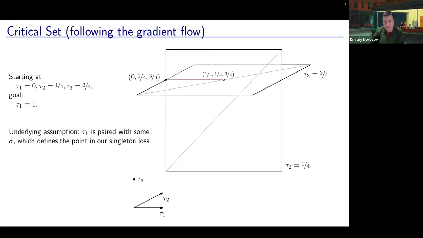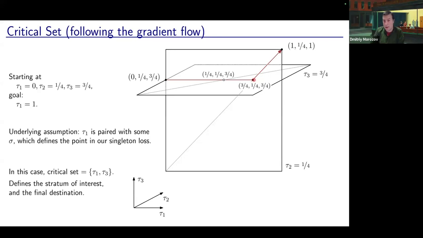If nothing happens, then I can keep moving. But if, for example, now I reach tau 3, and if I switch the order, tau 3 becomes paired with it, well, then I actually have to keep moving along this diagonal. I cannot keep going to the right, because now the gradient will be given to me by tau 3. It will push me up to the side from here, and really on this stratum, it's going to follow the diagonal.